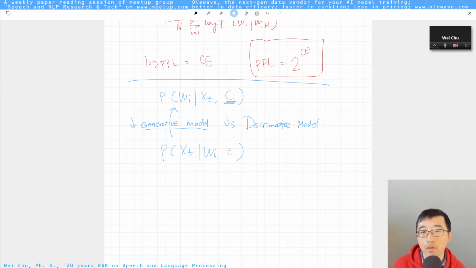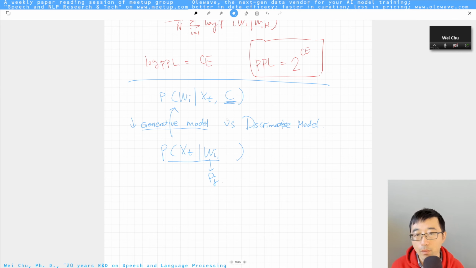But this way, you don't have the context. And then in the generative model, you estimate this one. And indeed, for most of the generative methods in ASR or forced alignment, you would not estimate this one directly. You first go from the word, using the pronunciation dictionary, to the phonetic, the current phone, phone j.